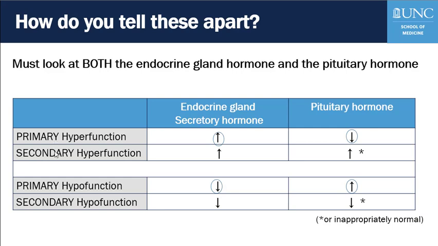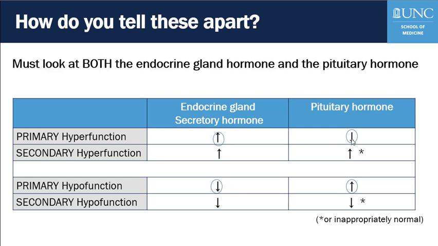These first two rows show what happens in cases of hyperfunction, and it makes sense that the endocrine gland secretory hormone, for example thyroid hormone or an adrenal hormone like cortisol, should be elevated anytime you use the word hyperfunction. If it's a primary hyperfunction where the gland itself has become autonomously functioning, there will be high endocrine gland secretory hormone, but low levels of pituitary hormone because of the feedback loop.